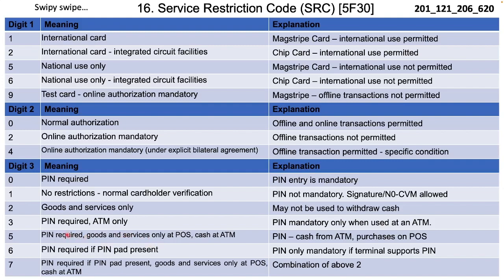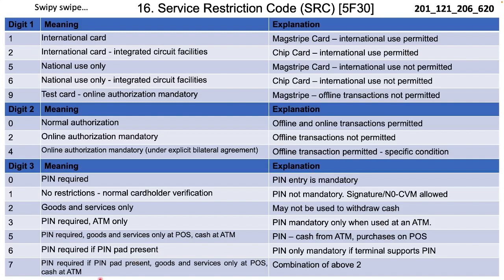Okay, if it's a 5, your PIN is mandatory, and at the POS device you can only pay for goods and services, and yes, you may as well draw cash on ATM. Okay. 6 says if the terminal supports PIN entry, then PIN is mandatory for a transaction.